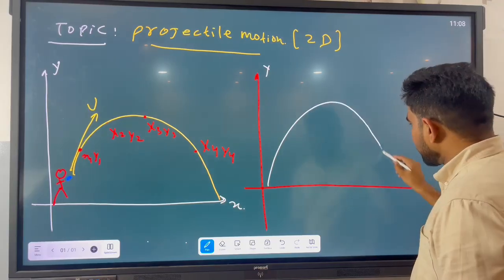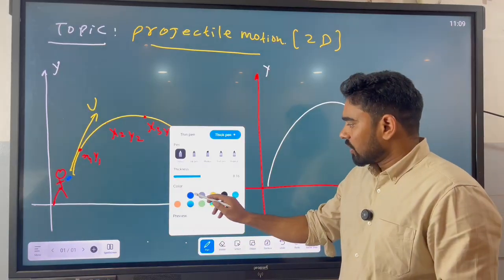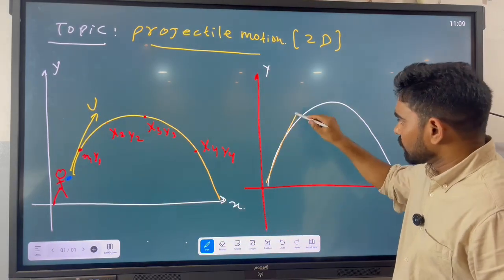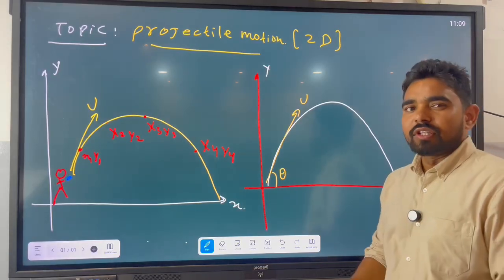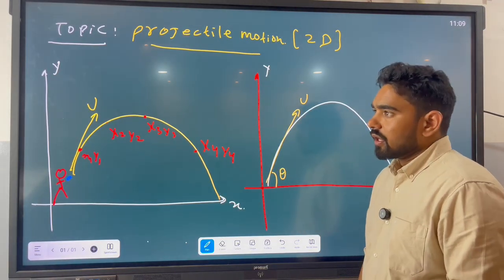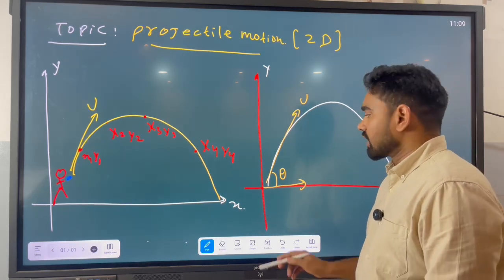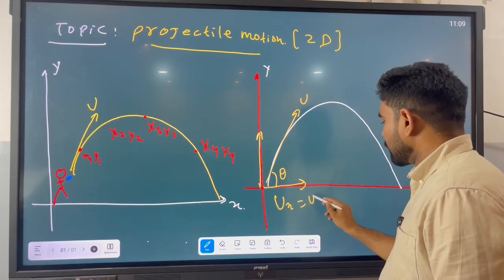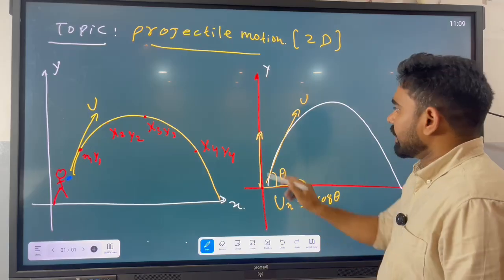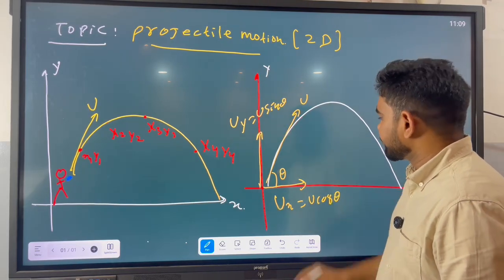The ball is thrown like this; this is the projectile path, and this is the projectile velocity u, and this is the projectile angle with respect to the horizontal. Here we divide both components, horizontal and vertical, of the projectile velocity: ux equal to u cos theta and uy equal to u sin theta.